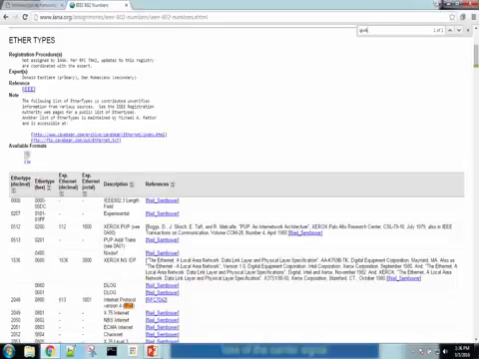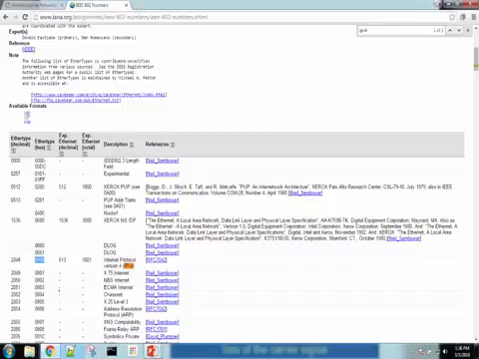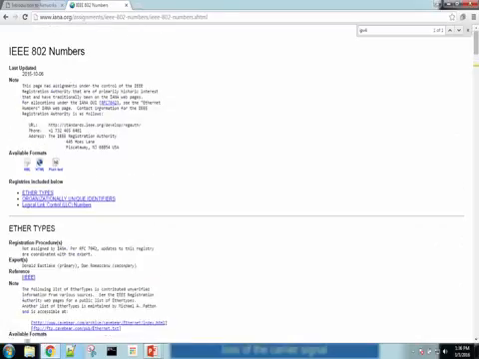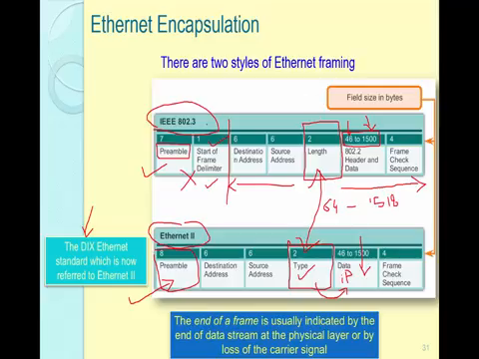Notice here it says EtherType in hex. It's 0800. So different protocols being carried in an Ethernet frame will have in that type field a specific value based on this standard. Again, with 802.3, this field specifies the length. With Ethernet 2, it specifies the type as a number reflecting what is being carried.